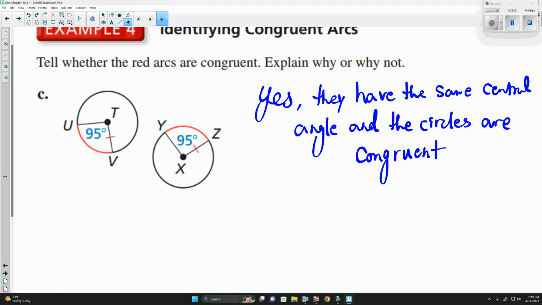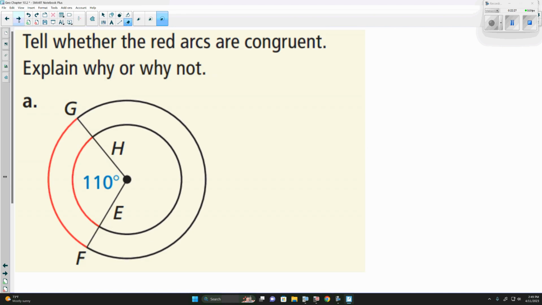Because the circles are congruent and the central angles are the same, the two arcs are congruent. No, they're similar. Or we can say, right, because the circles aren't.